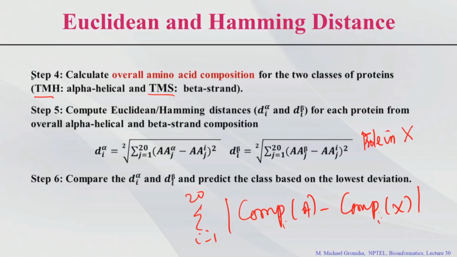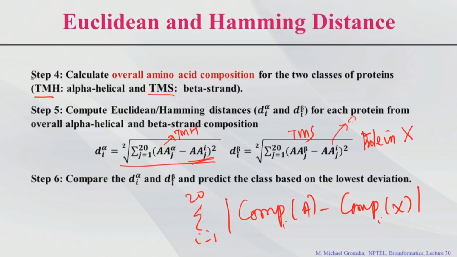For the Euclidean distance, you can use this equation: the square root of the sum over i equal to 1 to 20. For all the TMH proteins, this is the TMH composition, and this is for your query protein. Likewise, you can do it for the TMS and your query protein.